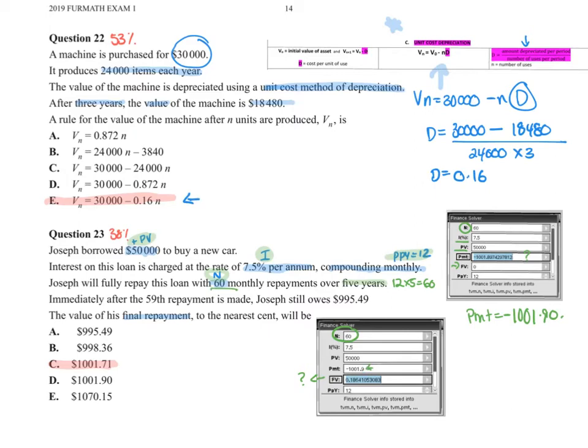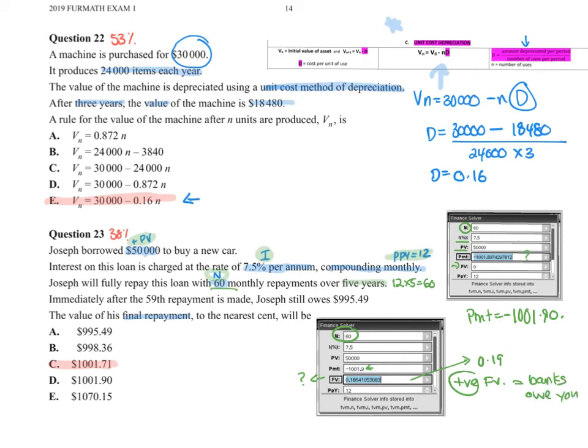So I've popped in all the data, and at the end of the loan, the 60 payments, we've got here that it's 0.1, and I'm just going to round to the nearest 19. So what that means is that because this is a positive number, a positive FV, that means the bank owes you.